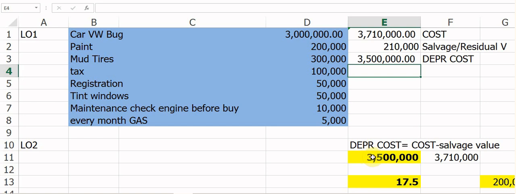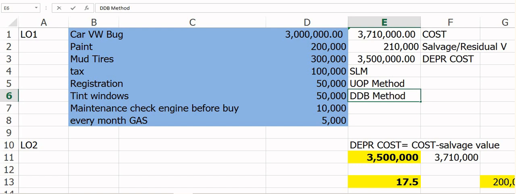Now we have three methods: the straight line method, the units of production method, and the double declining balance method. The simplest is the straight line method. The more complicated, advanced one is the double declining balance method. So let's start with the straight line method.